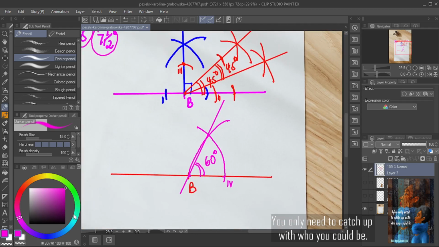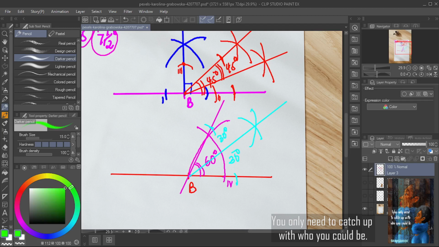In that if I divide this 60 into two equal parts that way, I'm going to get 30 degrees up here and 30 degrees down here.